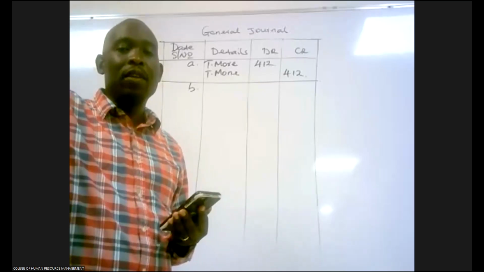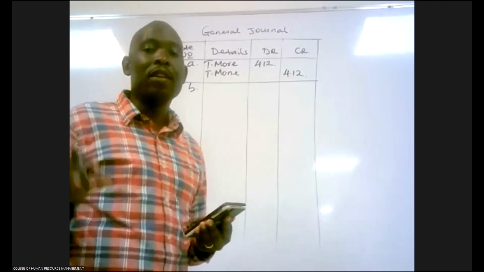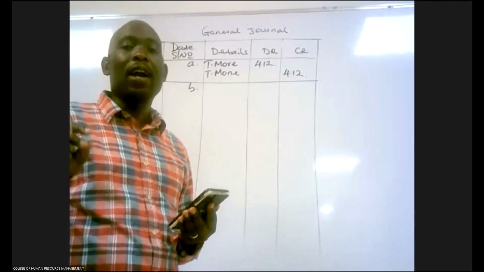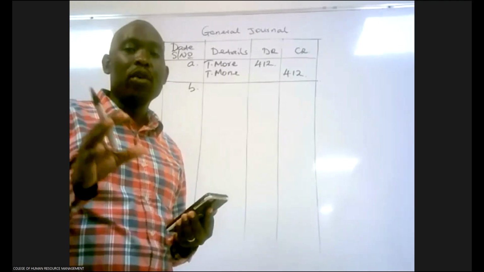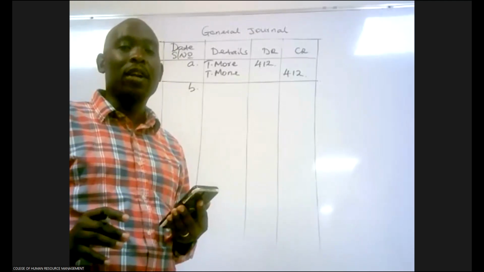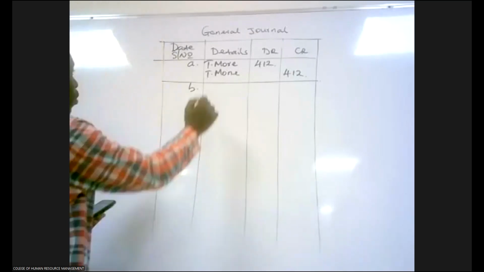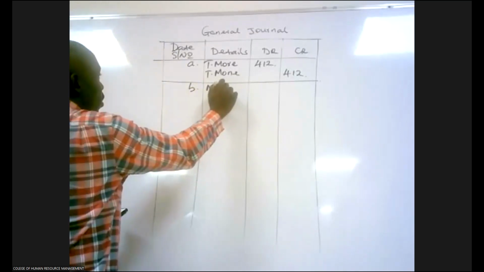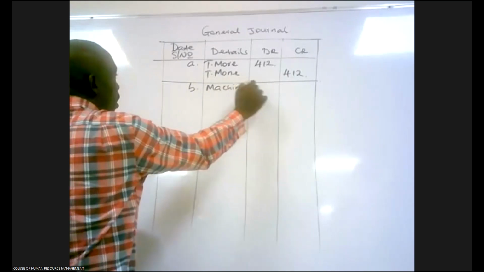Then, if it is on credit, you credit the supplier, who is J. Frank. You debit what you have received, you credit the supplier if it is on credit. So this was supposed to be recorded as you debit the machine by 619.